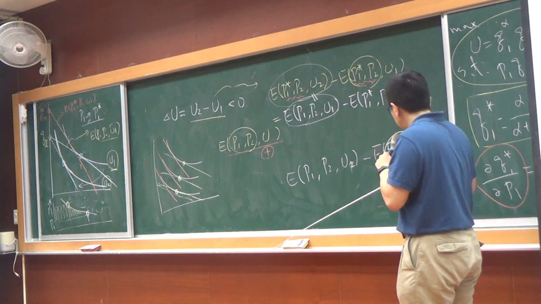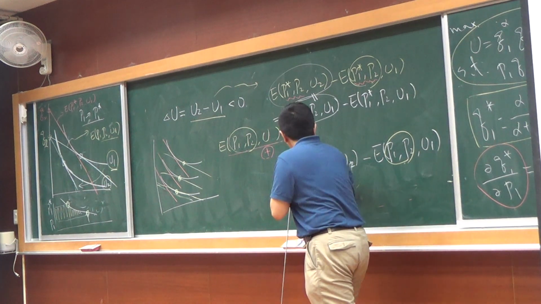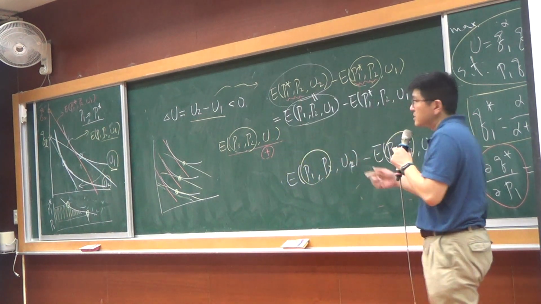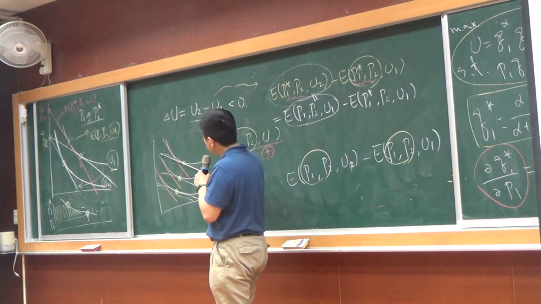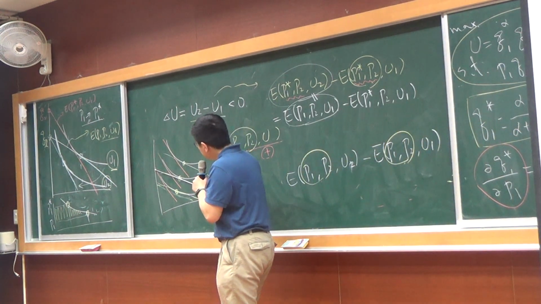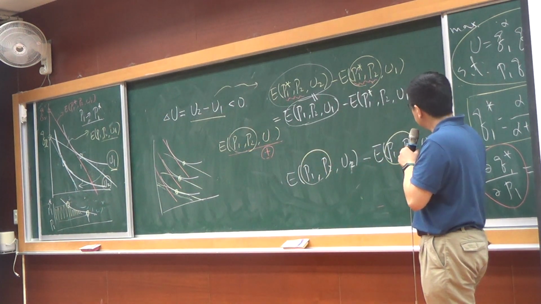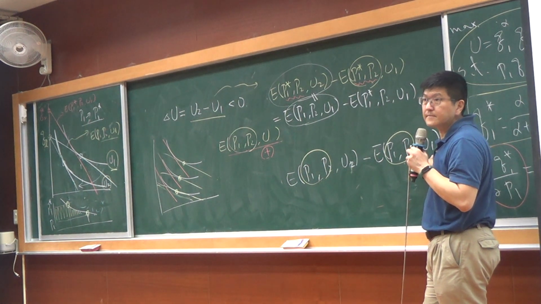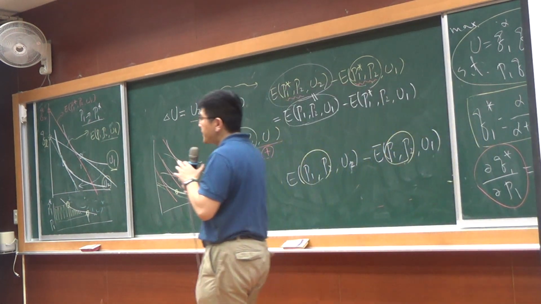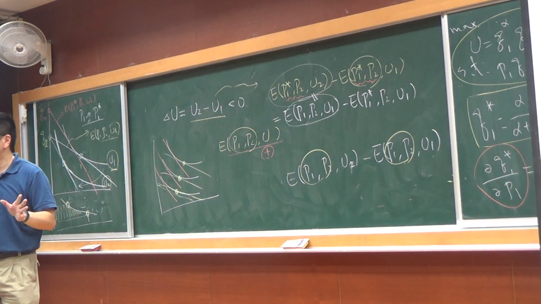Or we may choose the environment using the initial price. So we use P1, P2 to measure U2 and P1, P2 to measure U1. Okay? So expenditure function is something we may implement.